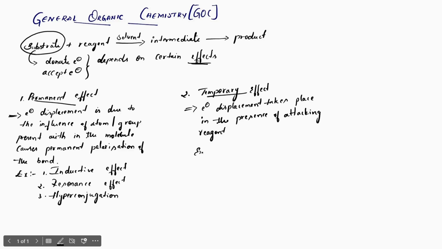Example, electromeric effect, which is also called polarizability effect.